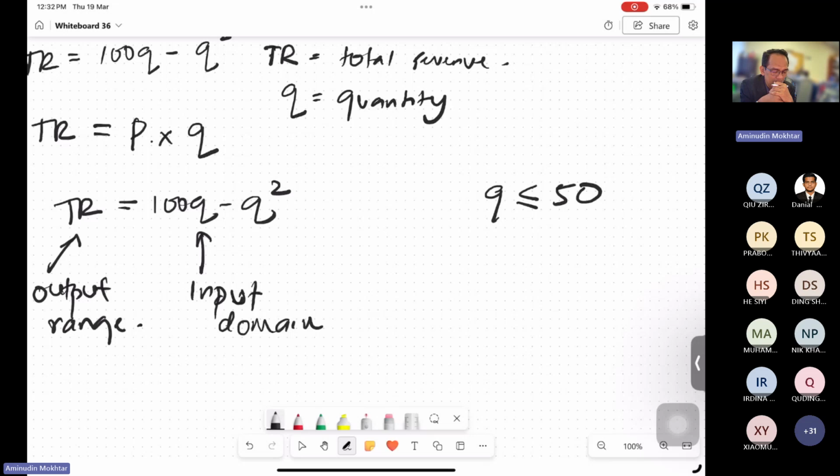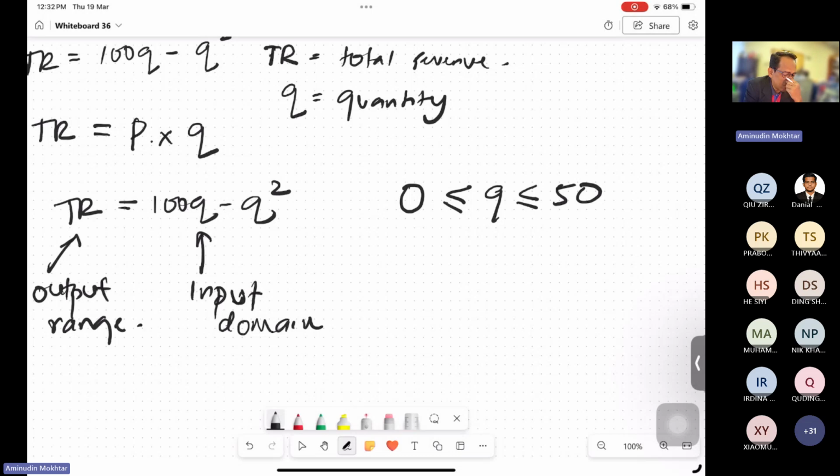Number of products sold, number of quantities produced, Q must be positive. So indirectly, we can say that the minimum value of Q must be 0.